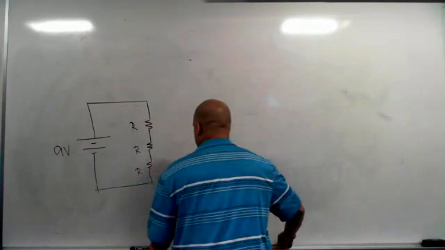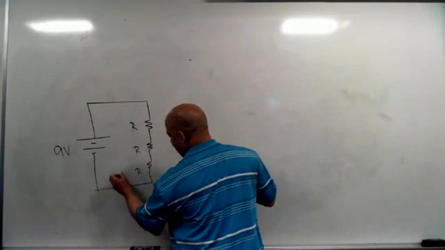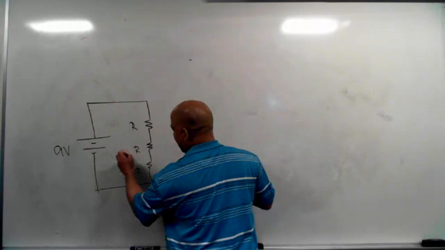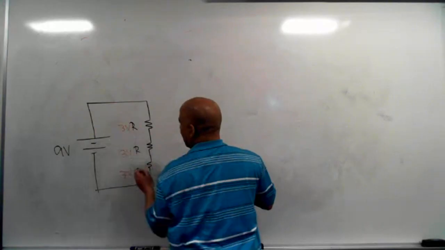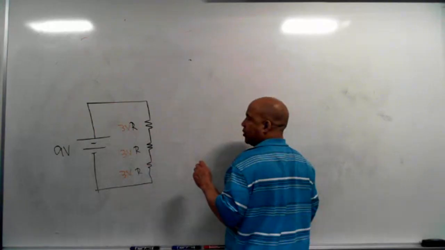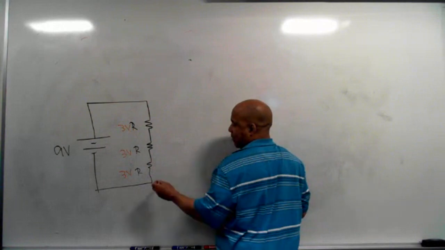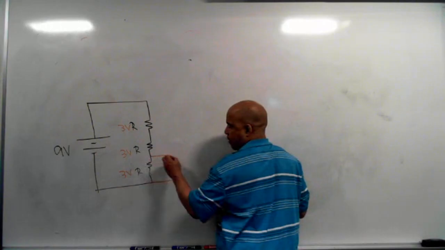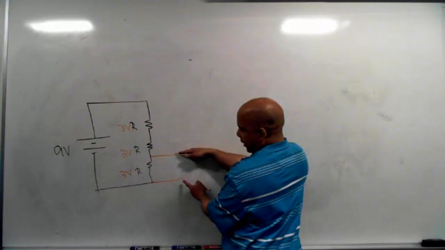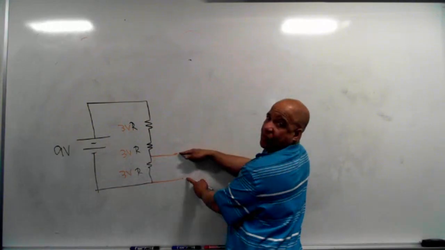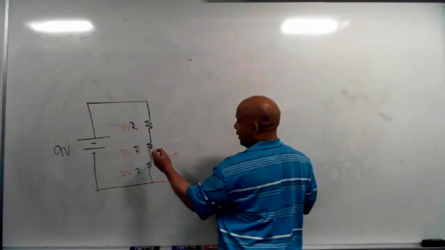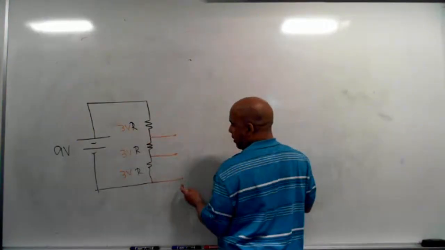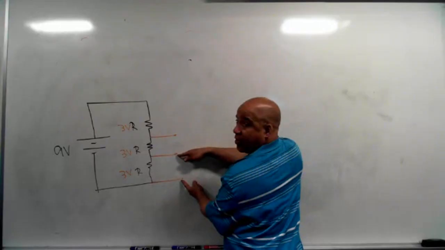But because I know that this is going to drop 3 volts, this is going to drop 3 volts, and this is going to drop 3 volts, what I can do if I wanted to is connect a wire from here to here, and I have 3 volts to use. Or I can connect up to here and I have 3 volts.